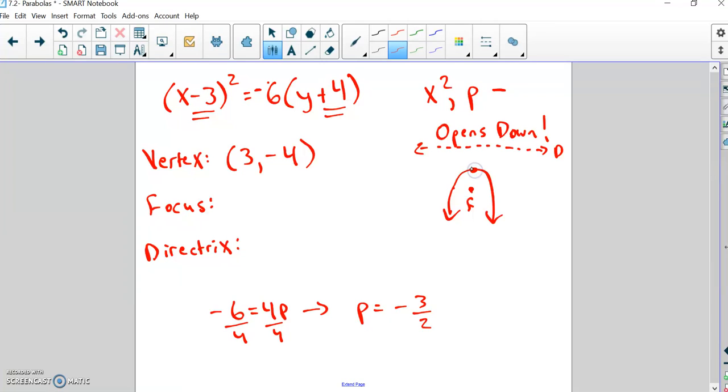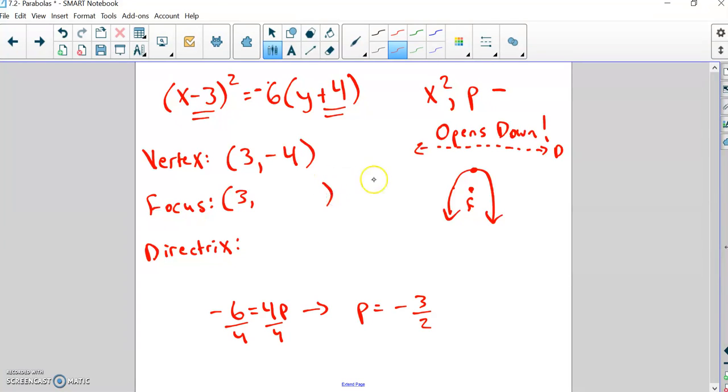Okay? So, think about our parabola here. We're starting at a vertex of (3, -4), and we are going to move down to get to the focus, which means the x value is going to stay the same, but the y value is going to change. We're going to start at -4, and go p units down, which means we're getting further away from 0. Now this time we might need to write some of this math down.